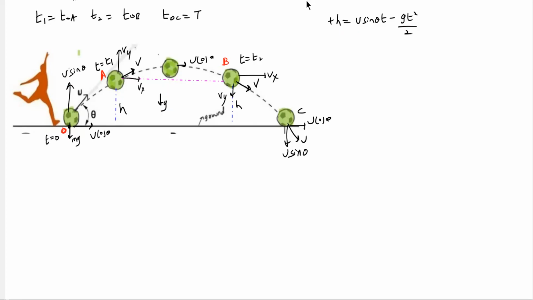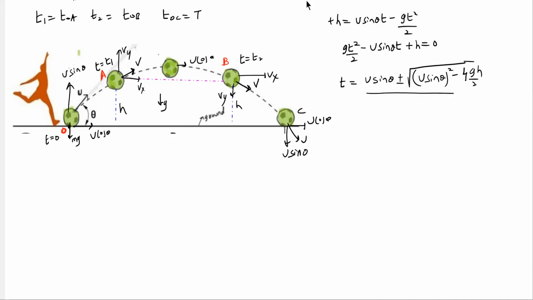Then there's a quadratic equation, we'll solve this. This will be gt square by 2 minus u sin theta t plus h equal to 0. Quadratic equation, t equal to u sin theta plus or minus the square root of u sin theta whole square minus 4AC, where A is g by 2 and C is h, divided by 2A, which is 2 into g by 2.